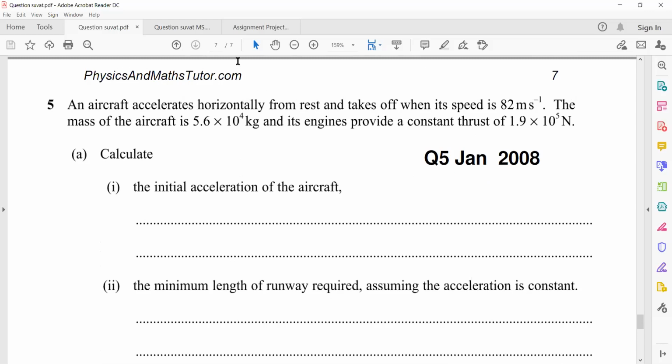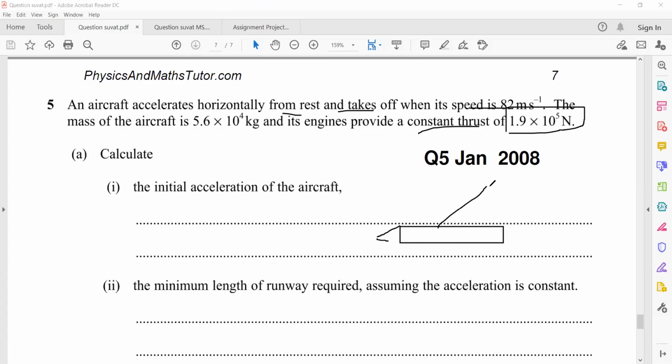So as the aircraft accelerates from rest to a speed of 82 meters per second, the engine provides a constant thrust. The thrust is a force which is driving the object. But in reality, as the speed is increasing, air resistance also increases, and air resistance opposes the motion.